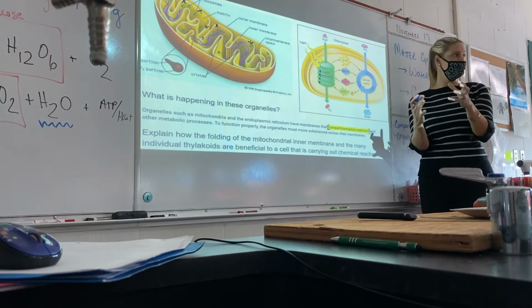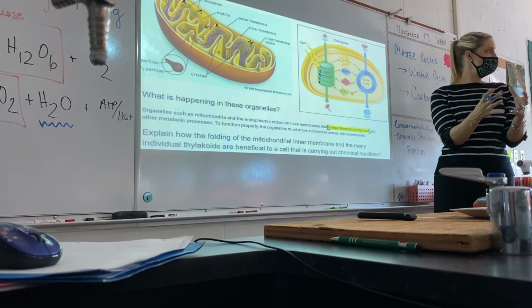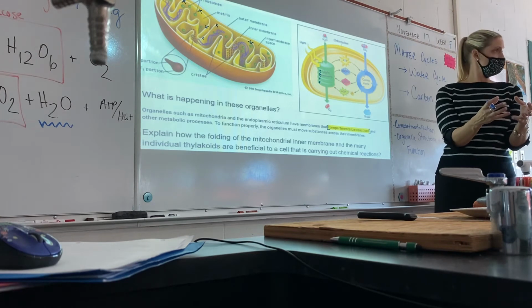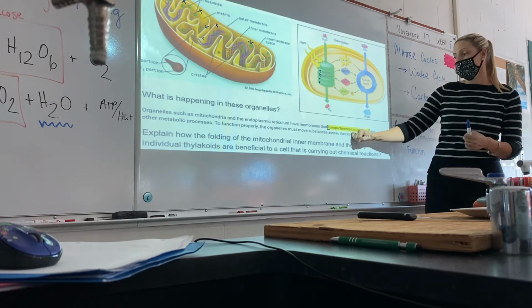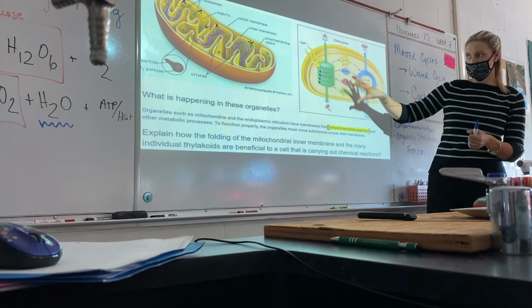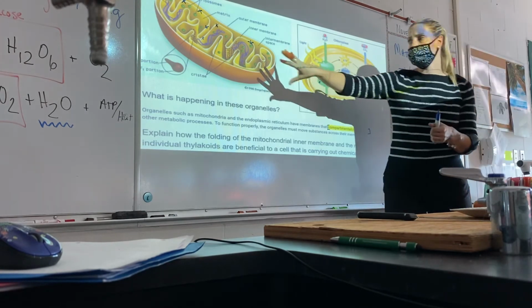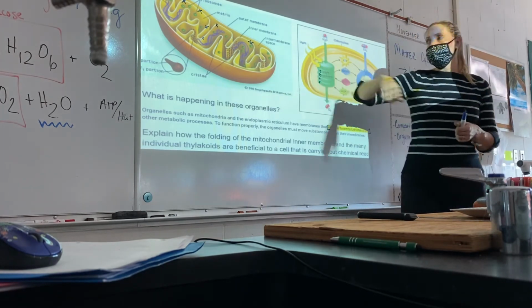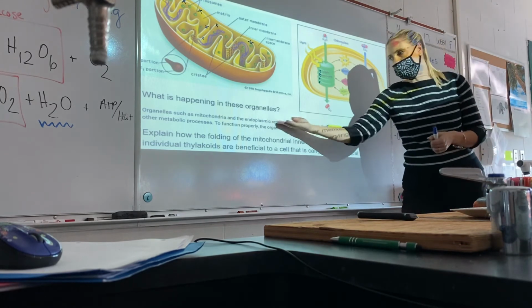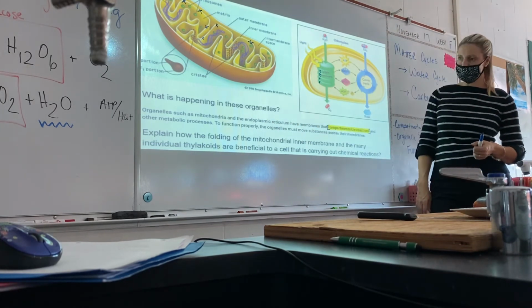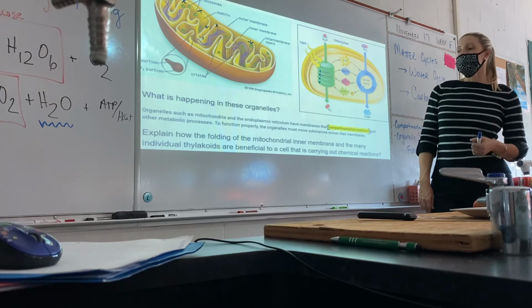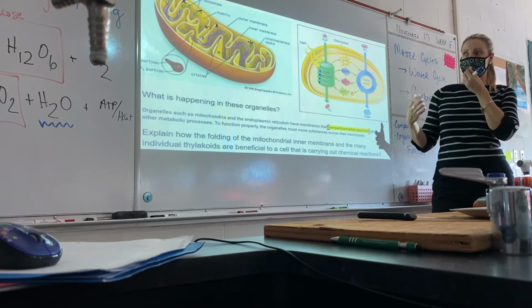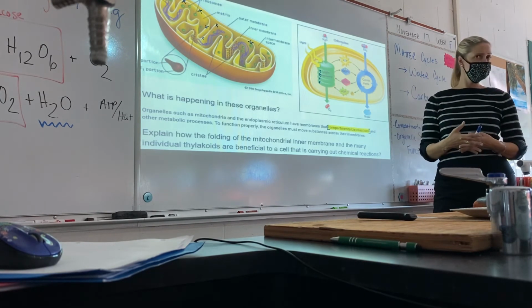Right? You're compartmentalizing the reaction, you're containing it into a specific organelle. Okay? So we have compartmentalizing reactions, things like photosynthesis taking place in the chloroplast, cellular respiration occurring in the mitochondria, protein production in the endoplasmic reticulum. All right, so we have this idea of compartmentalizing the reactions.